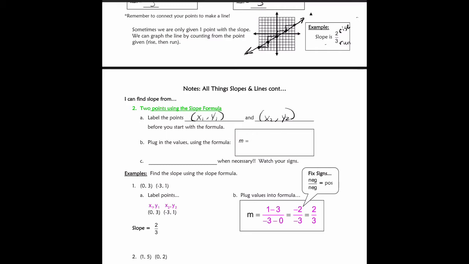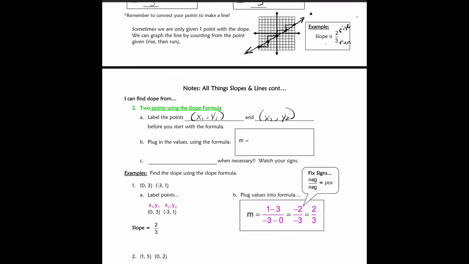Then I'm going to plug those values into my slope formula, which again, m equals y2 minus y1 all over x2 minus x1. And once I do that, we are going to reduce my fraction when necessary, okay?